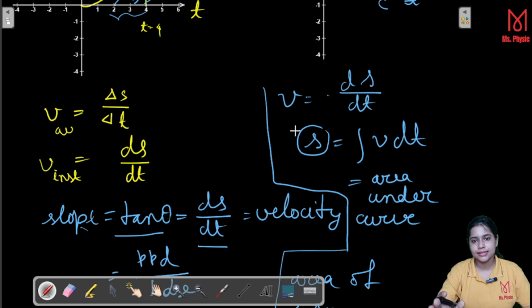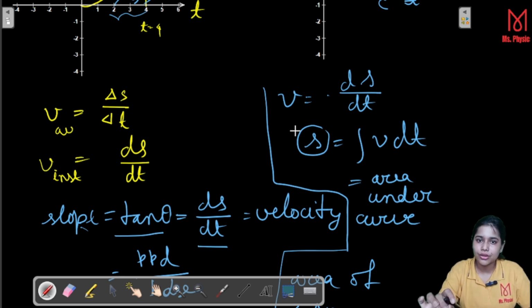Remember that whenever you are asked to find out velocity using the ST graph, you have differentiation, and there that story of slope, tan theta, ds by dt, and then tan theta is equal to perpendicular by base. There are different ways, and now you have to choose which one you want to use to calculate the velocity.